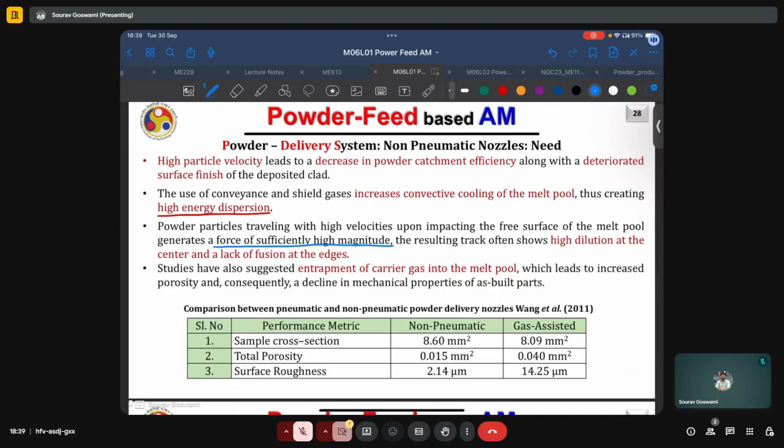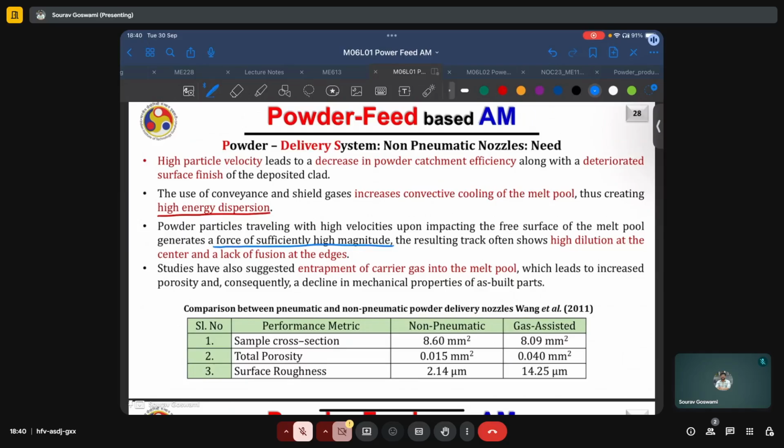Here we also have a very helpful table borrowed from Wang et al., which compares the performance of pneumatic and non-pneumatic powder delivery nozzles. The sample cross-section of the non-pneumatic nozzle is remarkably better than that of a gas-assisted bead.